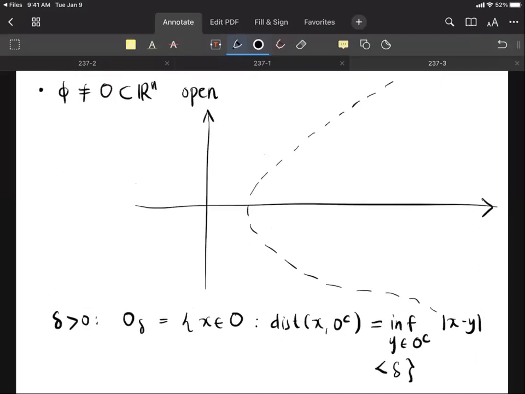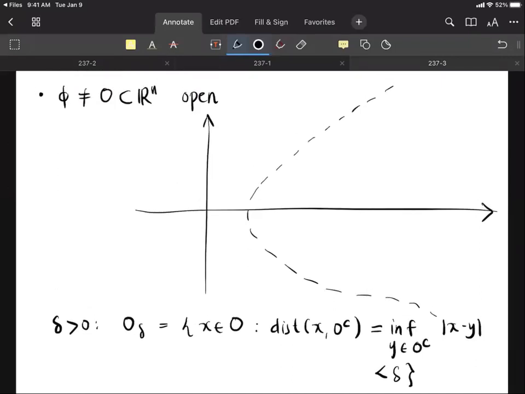So for instance, let us consider this region here.